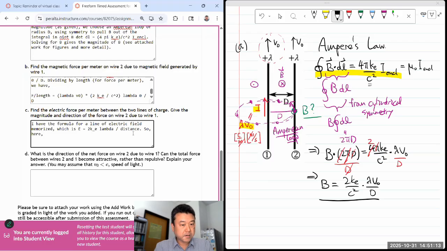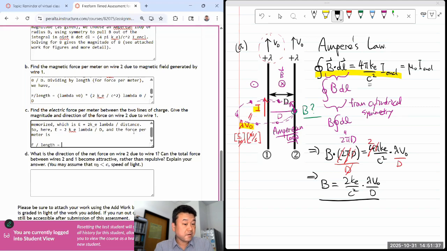So here E is equal to 2 ke lambda over d, that's the distance, and the force per meter is F over length.